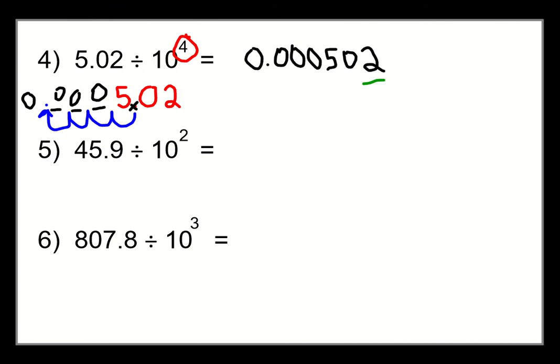Here we have, for number 5, 45 and 9/10 divided by 10 to the 2nd power. So again, that exponent can be used to tell me how many times I need to move that decimal over. And so just so that we have enough room, I'm going to rewrite the dividend over again. So that's 45 and 9/10 divided by 10 to the 2nd power.